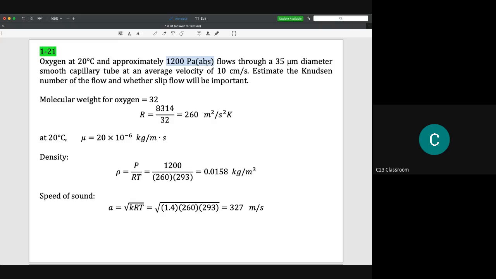That's why we could say that the atmospheric pressure is around 101.3 kilopascal, because of the difference between the atmospheric pressure and the pressure in space. Pressure in space is zero, and the atmospheric pressure on Earth is 101.3 kilopascal.